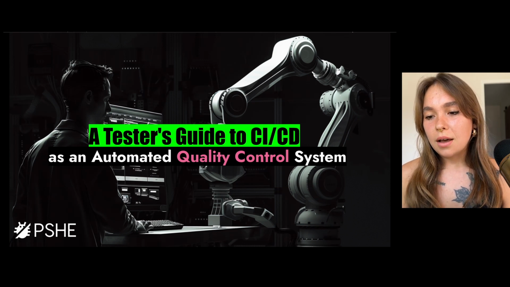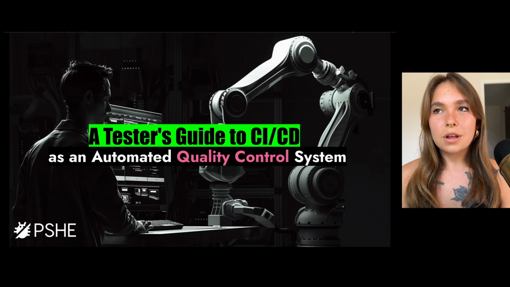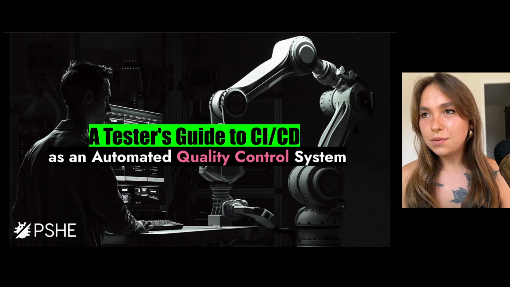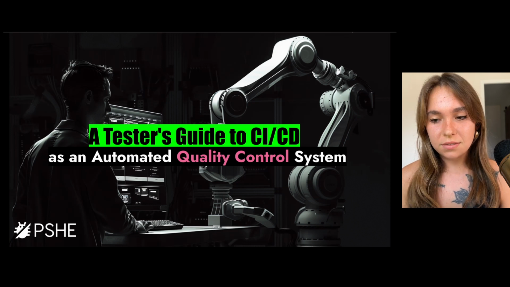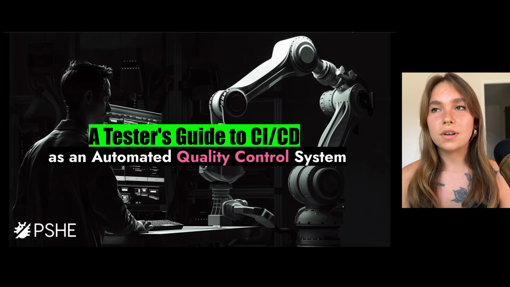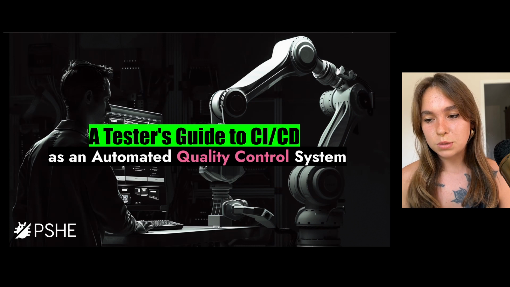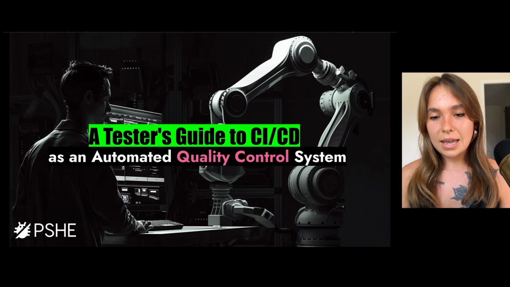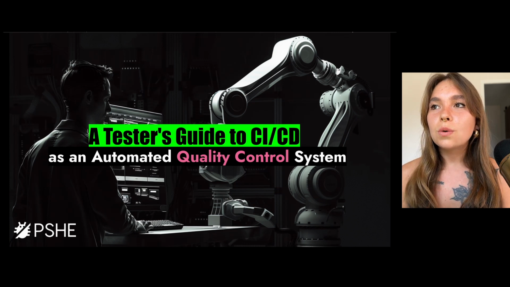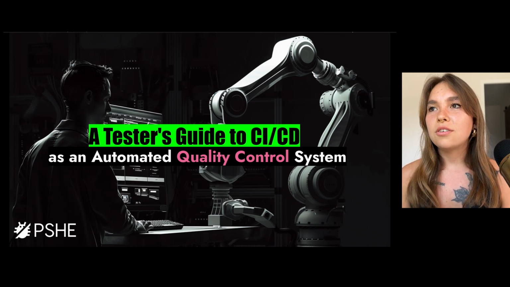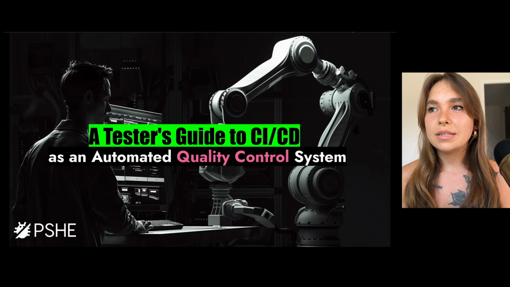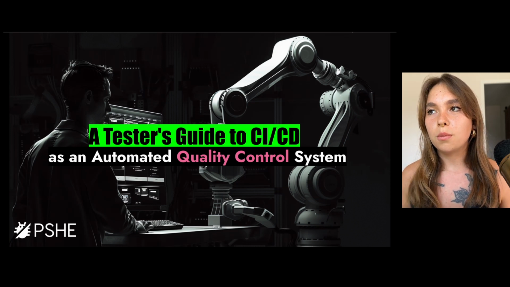So I think you heard a lot about different possibilities to use continuous integration, continuous delivery systems from developers' perspective or from DevOps perspective. But today, actually, I would like to present you my guide. I really tried to summarize my whole experience from the past.